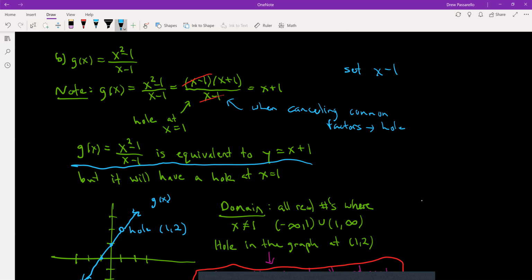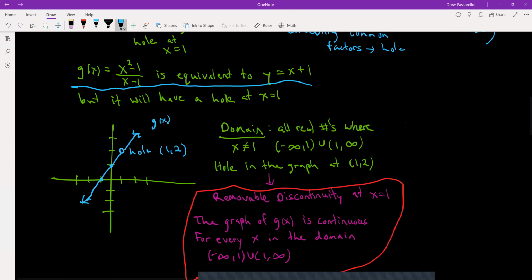So I set x minus 1 equal to 0. That's going to be x equals 1. You isolate x by itself. That particular value is going to tell you the x value where the hole occurs. So this is the x value for the hole. And because it was a hole, it was a removable discontinuity.